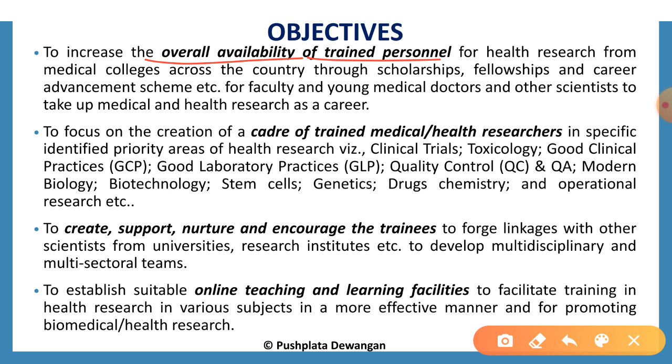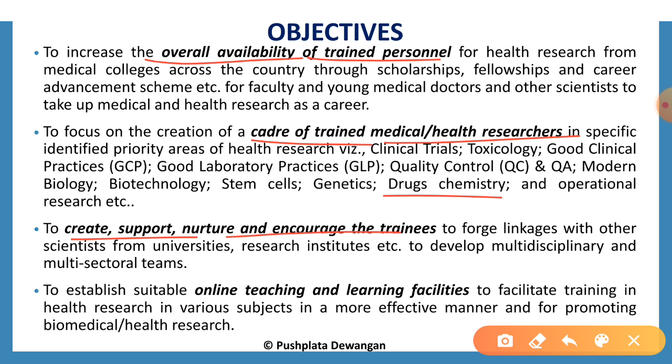The second objective is to focus on the creation of a cadre of trained medical and health researchers in specific identified priority areas of health research, such as clinical trials, toxicology, good clinical practices, quality controls, modern biology, biotechnology, stem cells, genetics, drug engineering, etc. The third one is to create, support, nurture, and encourage the trainees to forge linkages with other scientists from universities, research institutions, etc., to develop multidisciplinary and multisectoral teams.